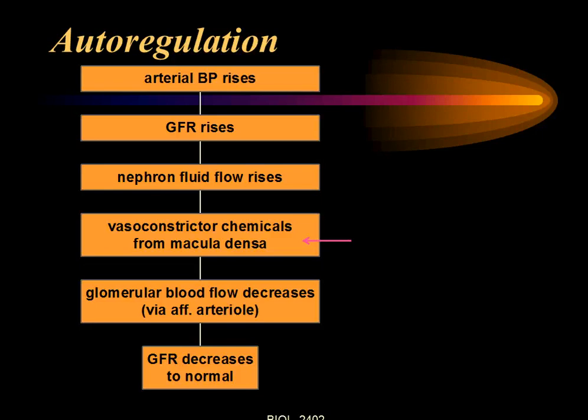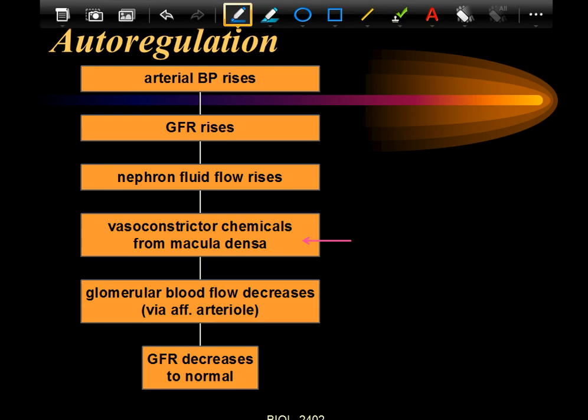So when your arterial blood pressure rises, your glomerular filtration rate would potentially rise because you've got more outward force of the glomerular hydrostatic pressure. So the nephron fluid flow goes up because the GFR has gone up. Remember, this is bad. We don't want this to happen.